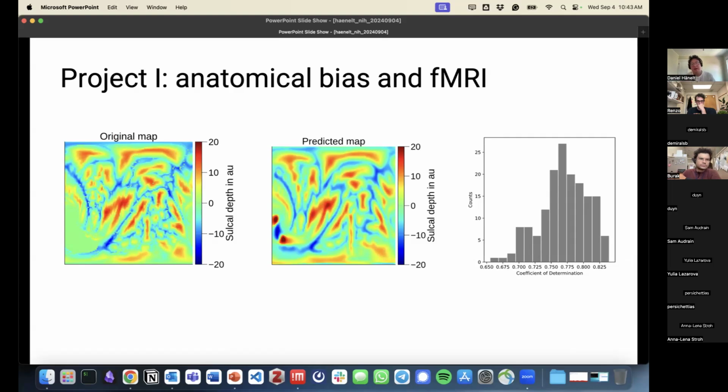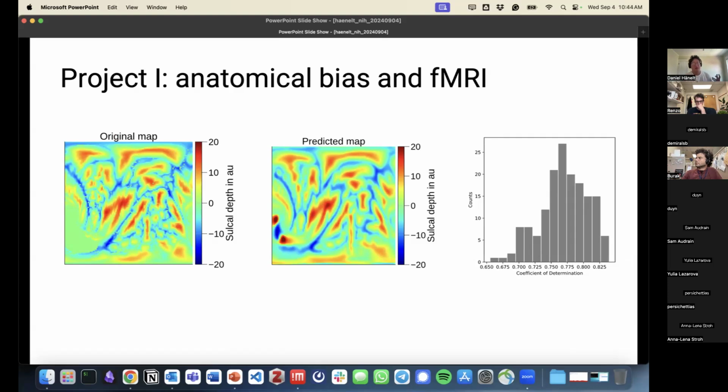So it might be that the underlying reason why we can predict cortical thickness and cortical curvature is that sulcal depth information is mainly preserved in the fMRI data.